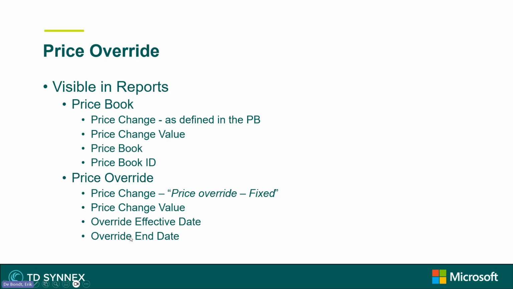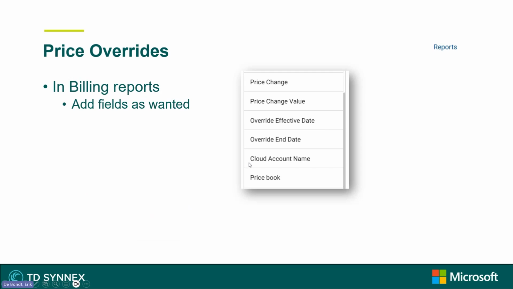As said, the overrides can be time bound. Okay, and then we see it in the billing report. So these are the first 4 fields: the price change value, the effective date, and the override end date. And again, the price book, which was before.